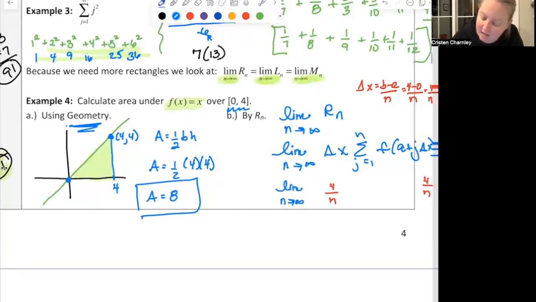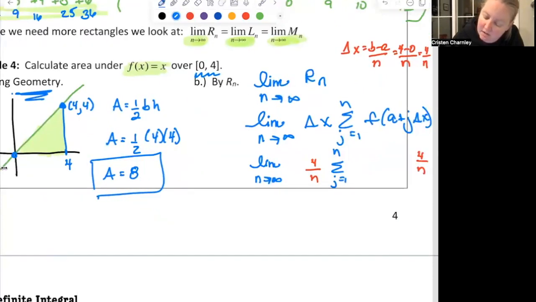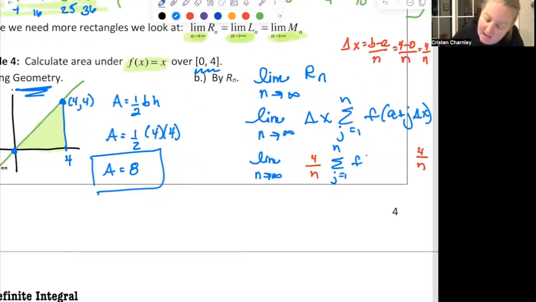Delta x is fine. Here's my sigma notation. This is f of a. A is where we start, which is 0. Plus j is j. And 4 over n is my delta x. Okay.